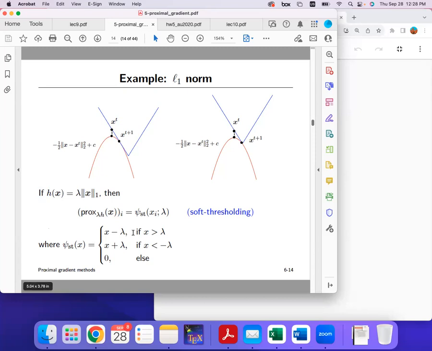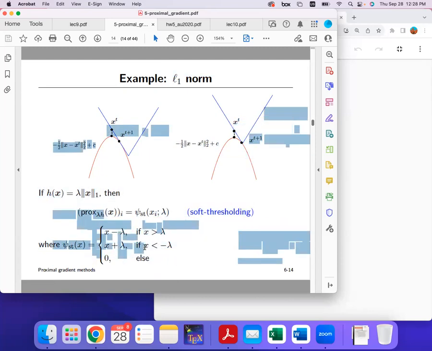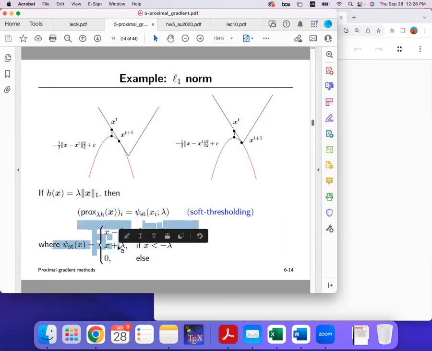This operator will filter out all those coordinates with small magnitudes, and for the other coordinates, the operator will simply subtract lambda from those coordinates.